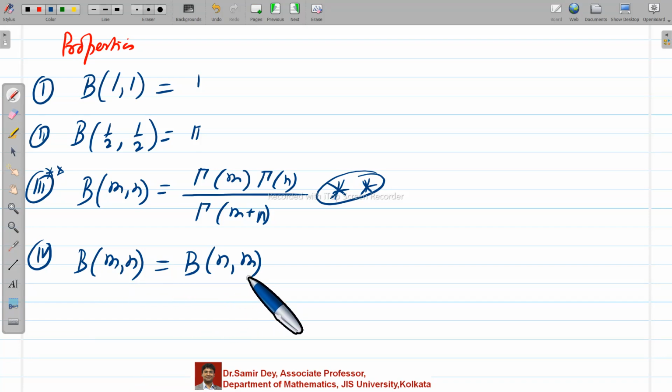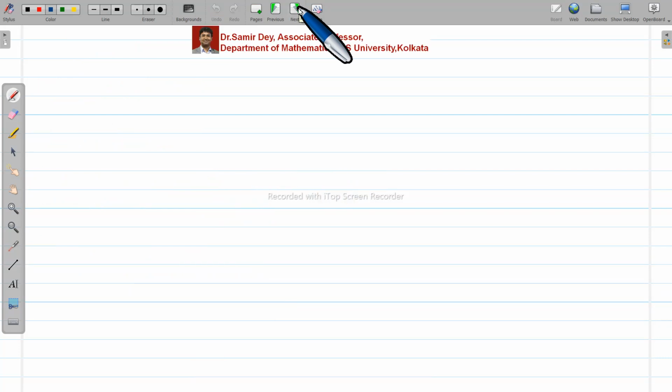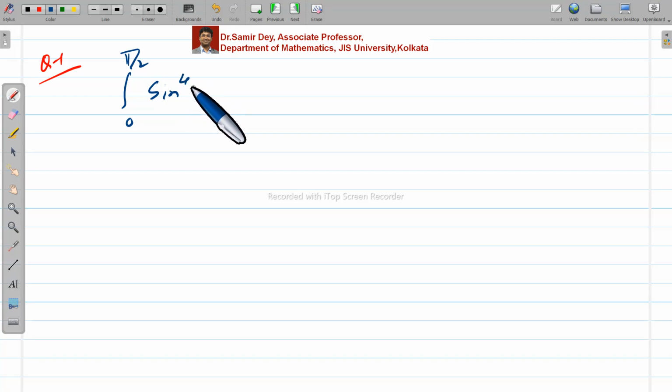Now I'm going to solve some questions based on this beta function. Question number 1: suppose you want to solve the integral from 0 to pi by 2 of sine to the power 4x dx. Clear?